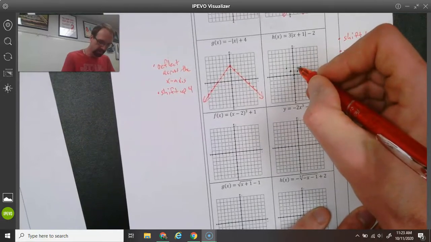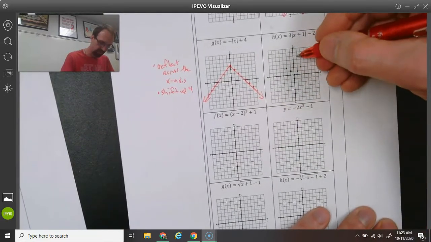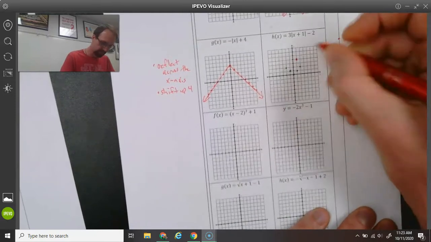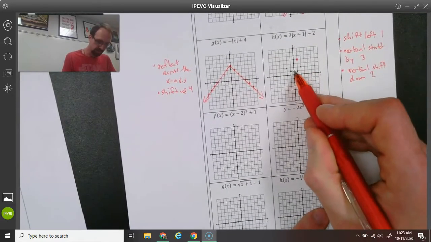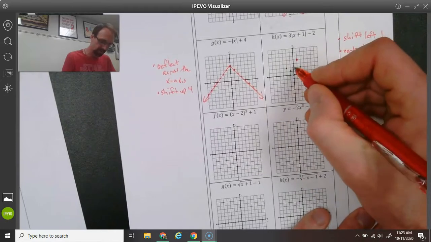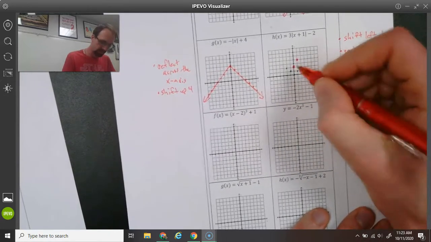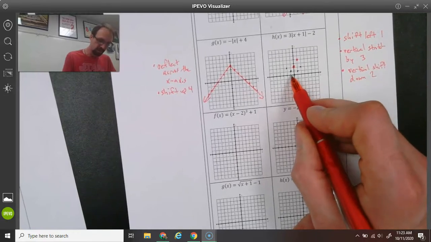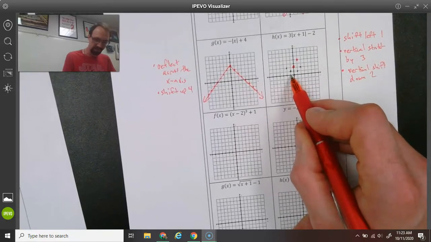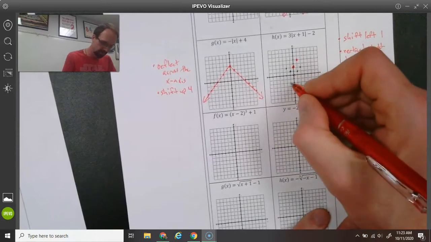So that's going to be 3, 4, 5, 6, and then shift down 2 puts me down here. Then this one, shift left 1, vertical stretch by 3, so 1 times 3 is 3, 1, 2, 3, and then shift down 2. The origin, shift left 1, vertical stretch by 3, well, it's at 0, so it's not going to shift any value, and then 1, 2, shift down 2.